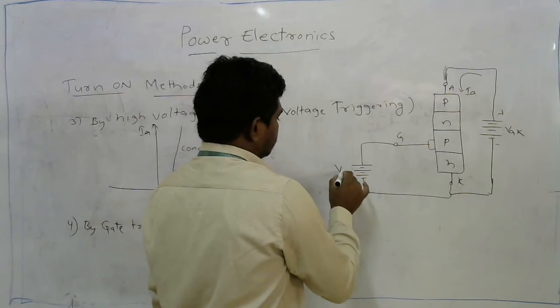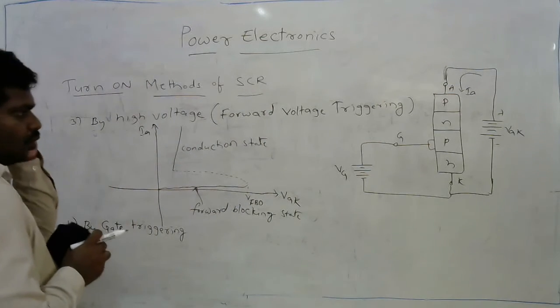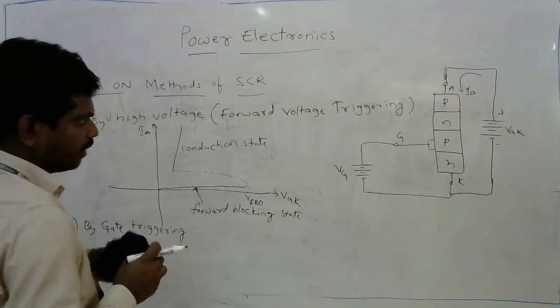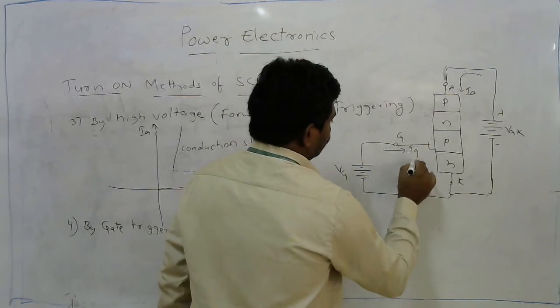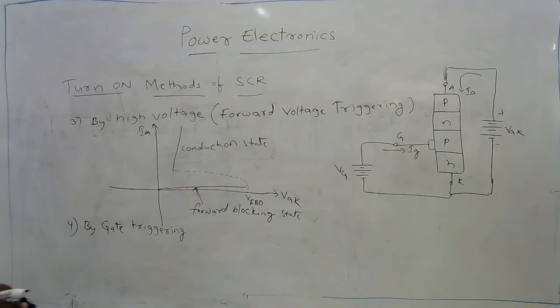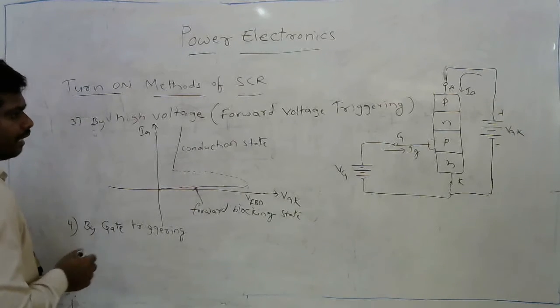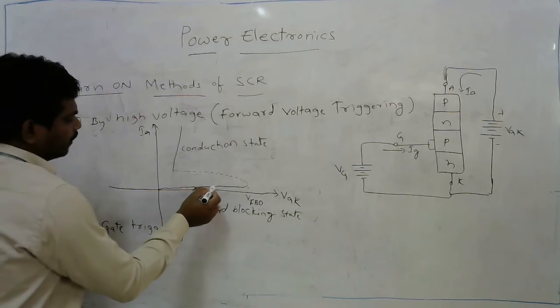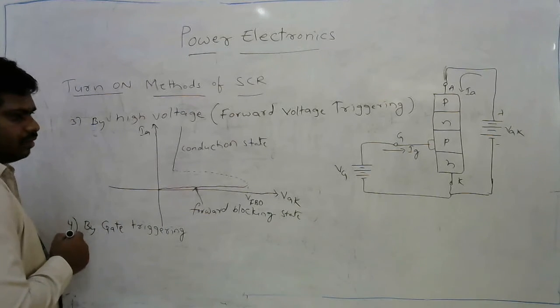So I am calling this VG. When you apply forward voltage, then automatically the current IG flows through the device, which helps to break down the J2 junction.